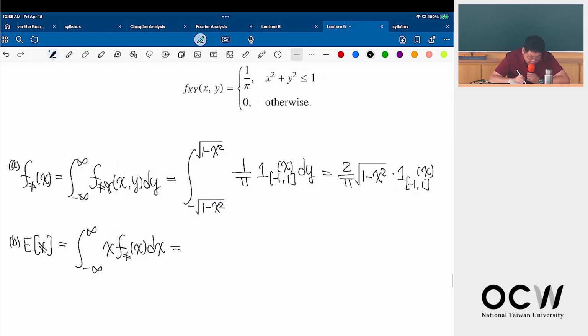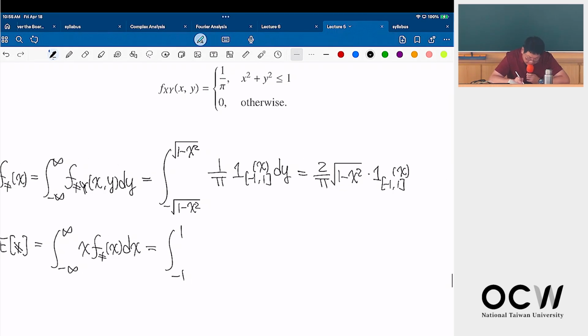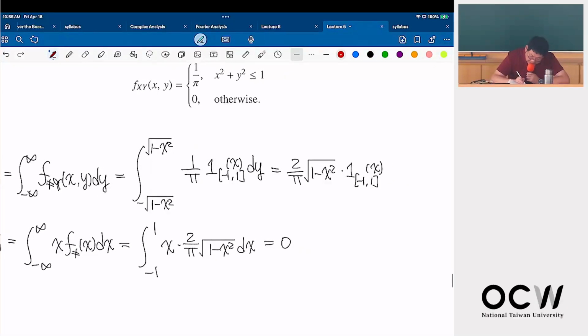So here you have the integration from -1 to 1, x times 2 over pi, and the square root of 1 minus x squared dx. And that's 0 because this function here is an odd function.